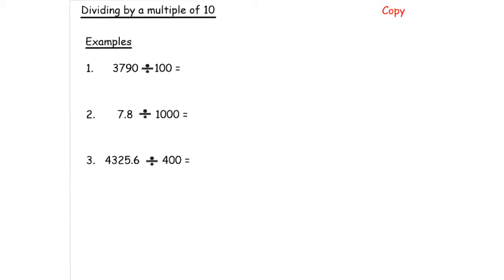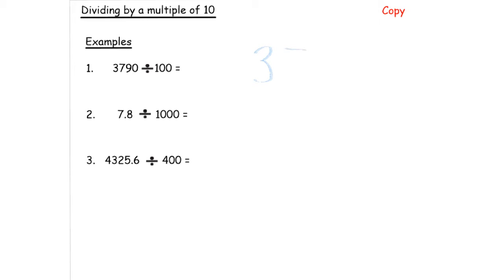So the first example we've got is one that we already know how to do, 3790 divided by 100. So 100 means the decimal point has to do 2 jumps. Now this number has no decimal point on it, so we have to remember that the decimal point just goes at the end. So let's see if this pencil is going to work.